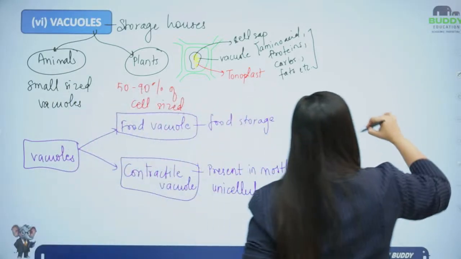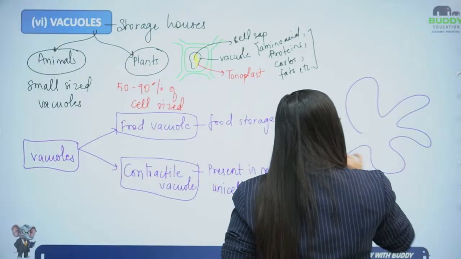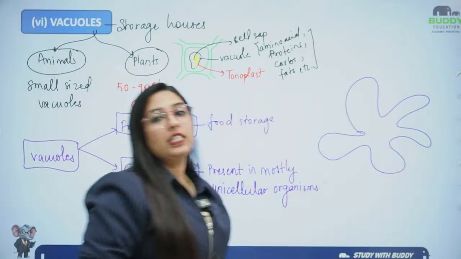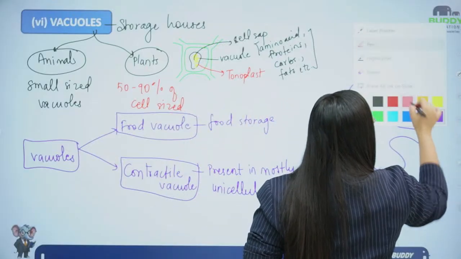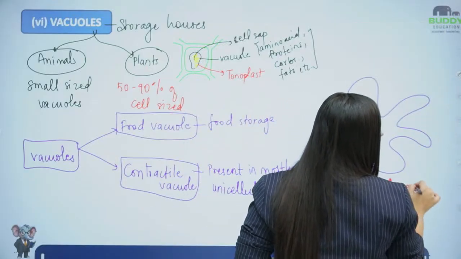Like, for example, how can I forget this example, which is amoeba. Of course, just after drawing the diagram, every one of you must be knowing the diagram of amoeba.